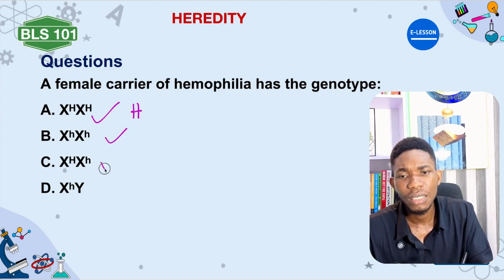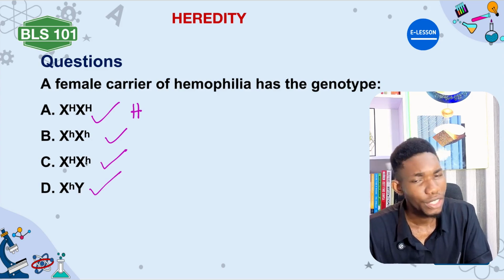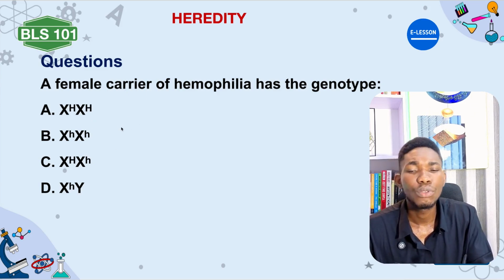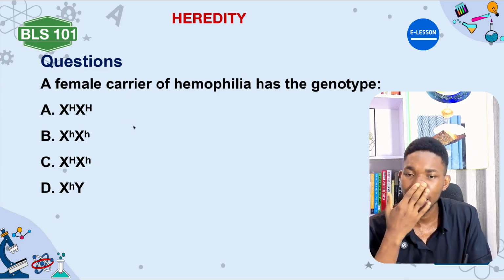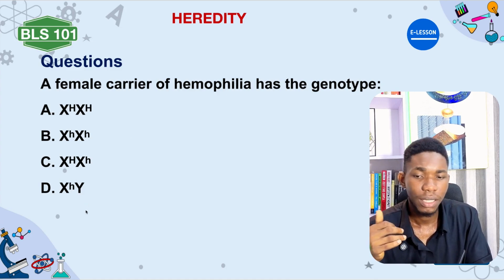This one is a carrier. This person is hemophilic. Is that okay? Why is she a carrier? She has one normal, one hemophilic trait. When you have one normal and one hemophilic trait, then you are a carrier. Then if you have two normal, you are normal. Then for this particular one, the male, is hemophilic.